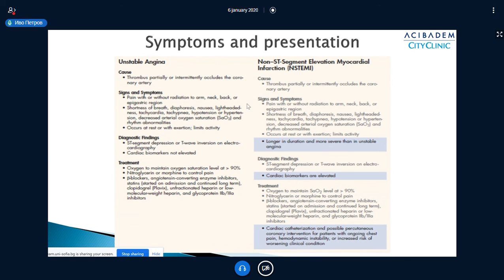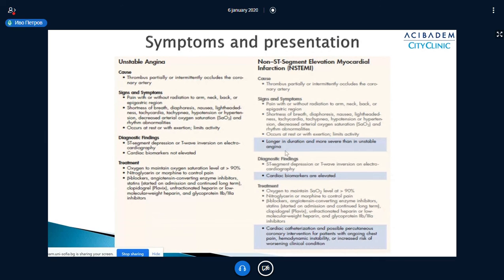So having in mind ECG changes, laboratory changes, clinical changes, we have to decide if the patient is just with unstable angina, because in this situation we can treat the patient only with oxygen, nitroglycerin, beta blockers.